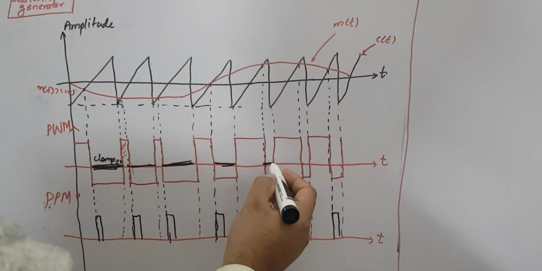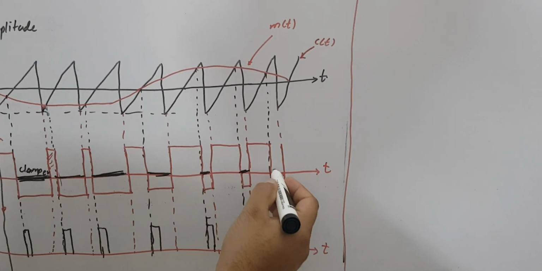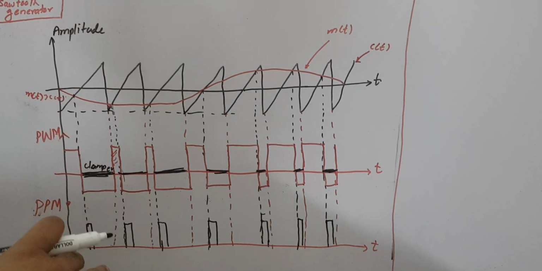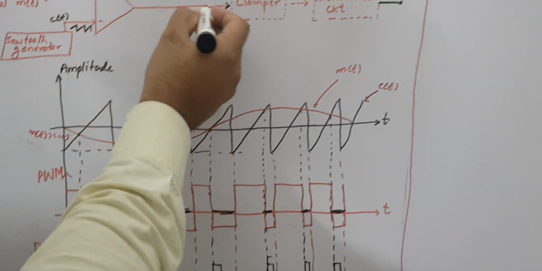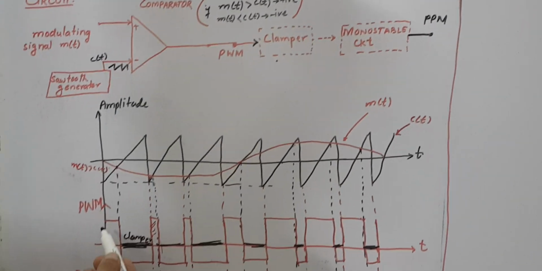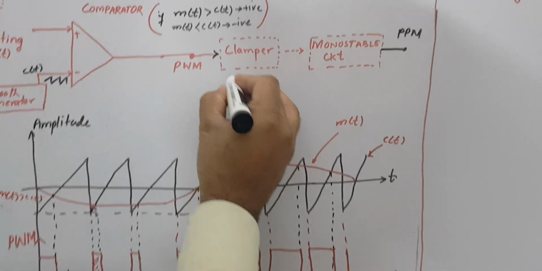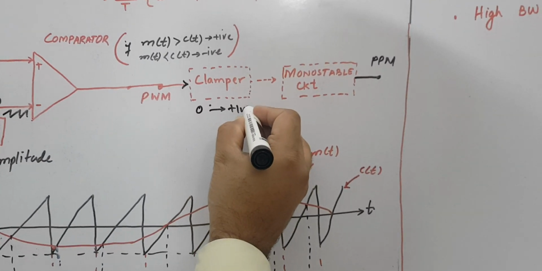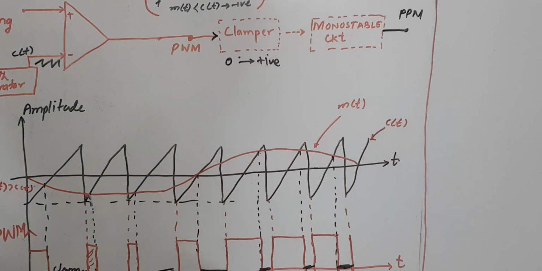So if you are using a clamper at this point, your level is from 0 to a positive value.